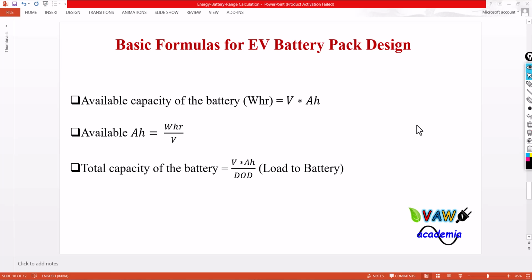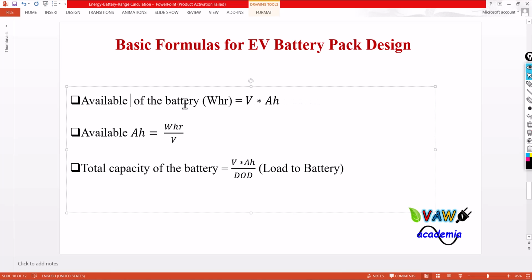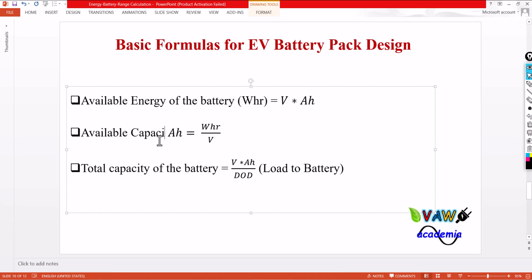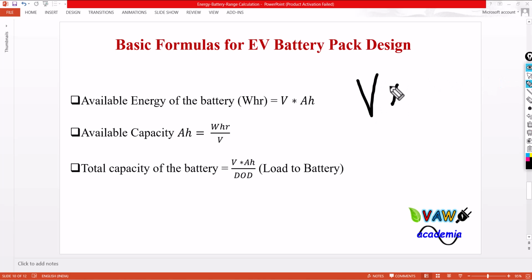So how to calculate the available capacity of the battery? Actually, it is not capacity, it is the energy of the battery. There is a lot of difference between energy and capacity. Voltage into ampere hour is energy.